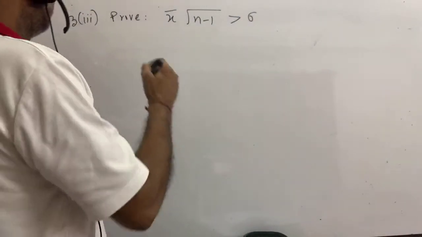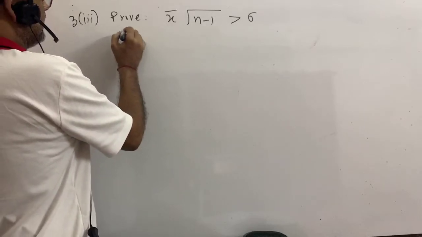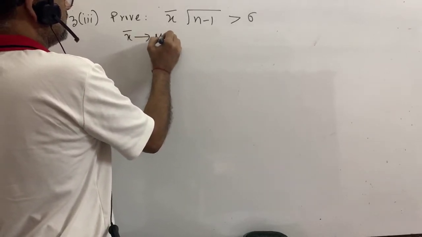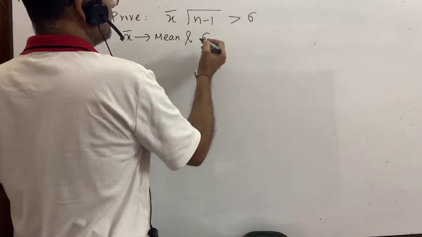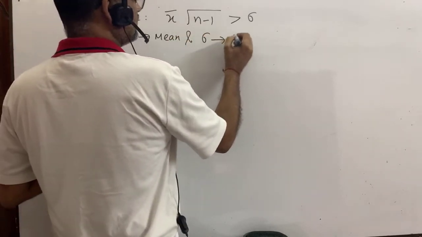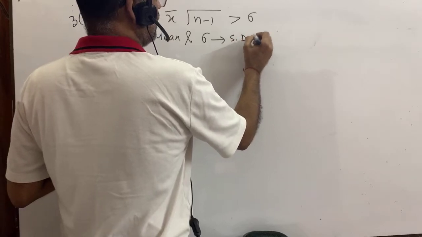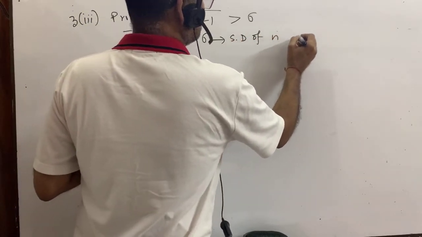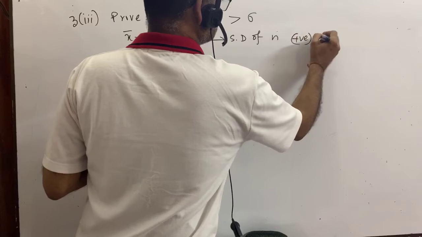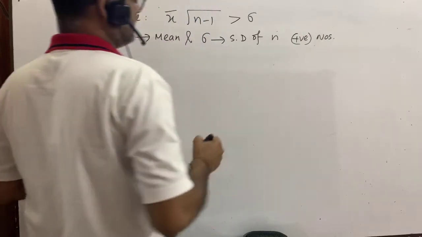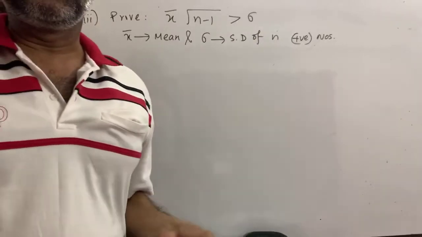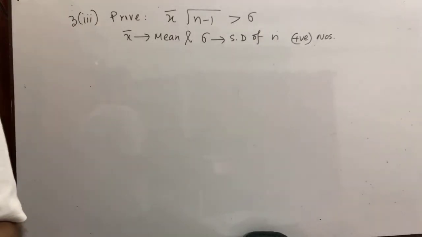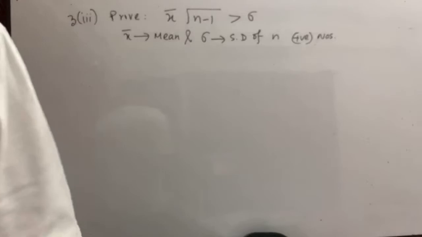I am writing down x bar is mean, and sigma is standard deviation of n positive numbers. Both very, very important math. All of you are required to pay attention here.